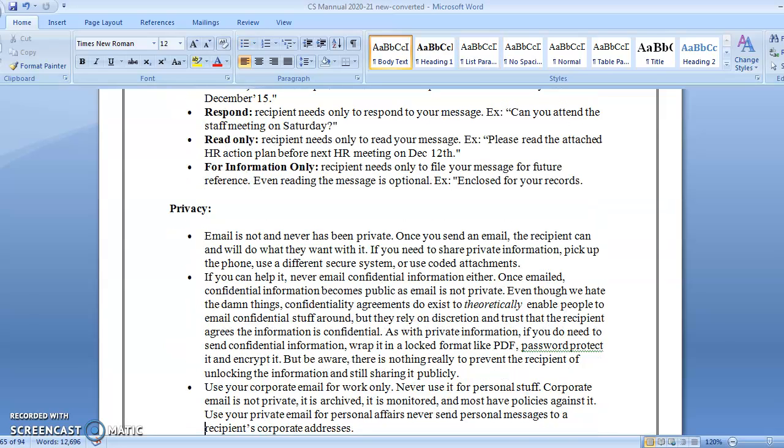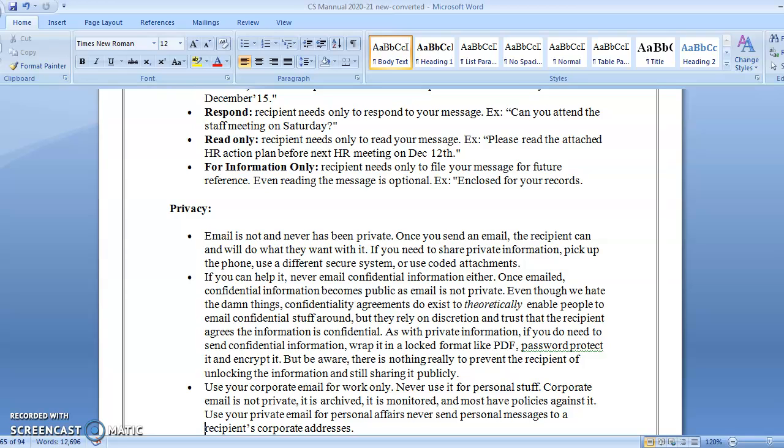Then the privacy of the email, this is a very important part, because electronic messages need some privacy, but email is not and never has been private.